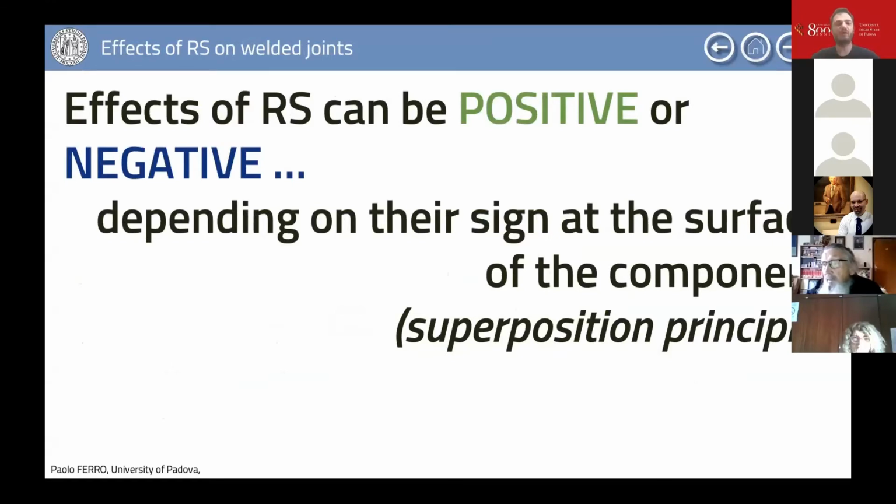As I told you before, the effect of residual stresses in general, or in this case for welded joints, may be positive or negative, depending on the sign of the stress field near the surface of the component or near the weld toe of a welded joint, of course, where the crack starts in general.